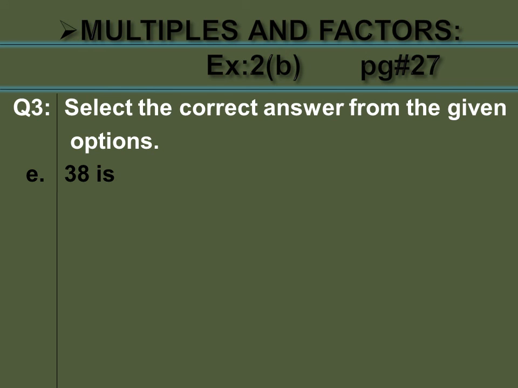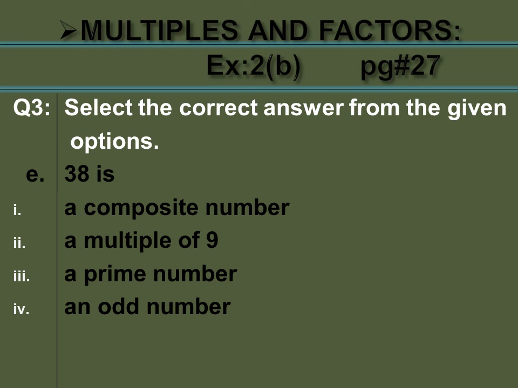Now dear students, part E. 38 is, the options are a composite number, a multiple of 9, a prime number or an odd number. Now for checking this number 38, we will again apply the divisibility rules.